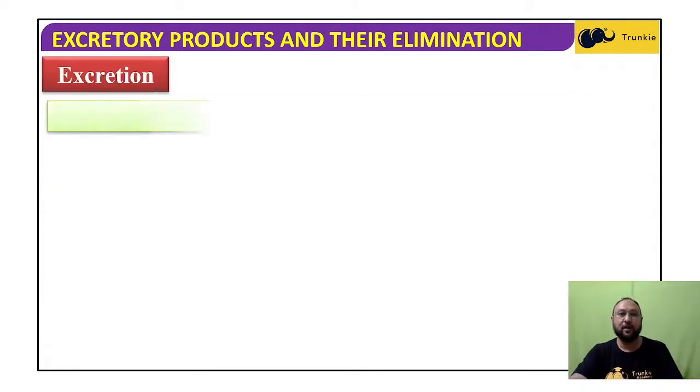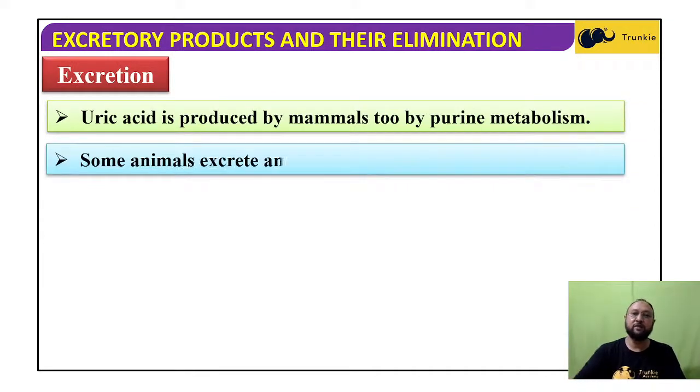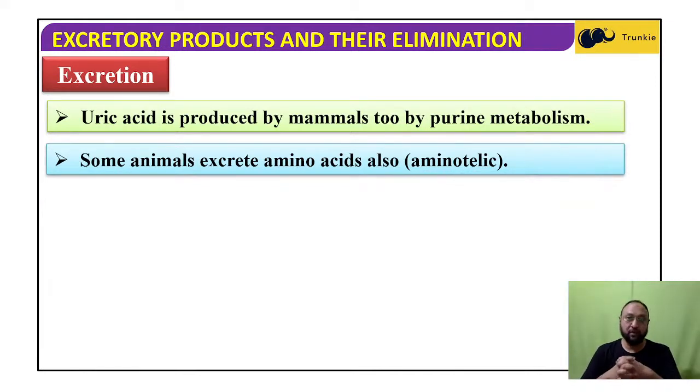Now, uric acid is produced by mammals too, by purine metabolism. So in the human body and in mammals also, uric acid is produced by the metabolism of purine. Purine is a kind of nucleic acid.